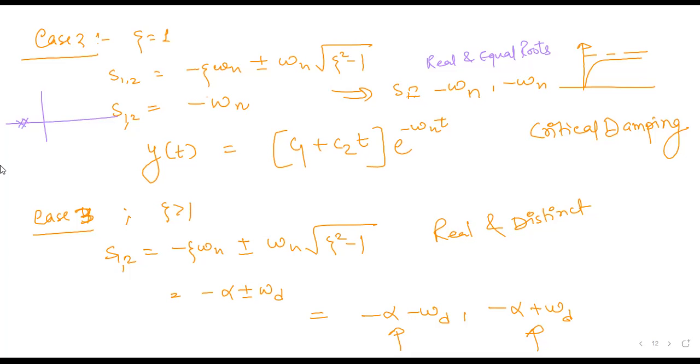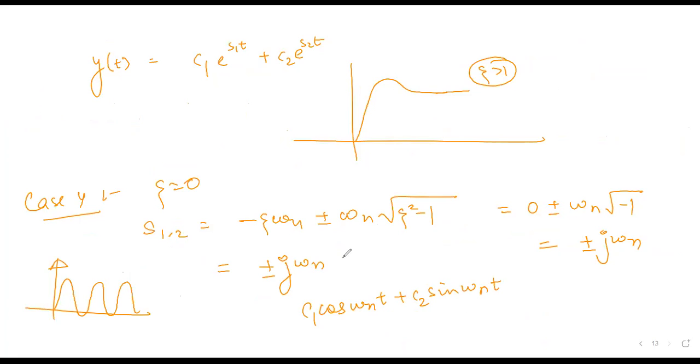Here you have real and distinct poles, so it would be S1 here, S2 here, like this. And in case 4, you have imaginary poles. So how will you draw it? It would be like this.